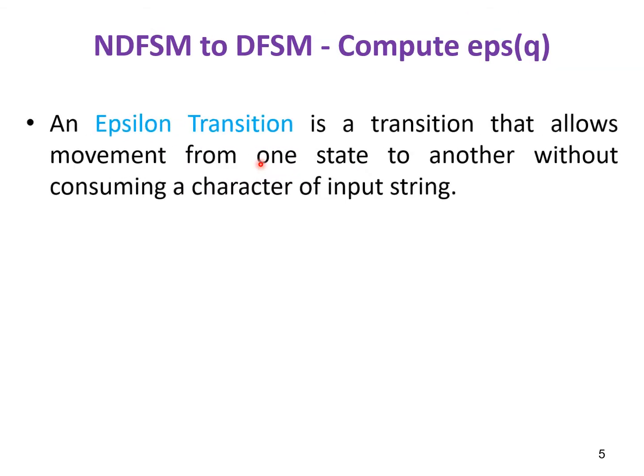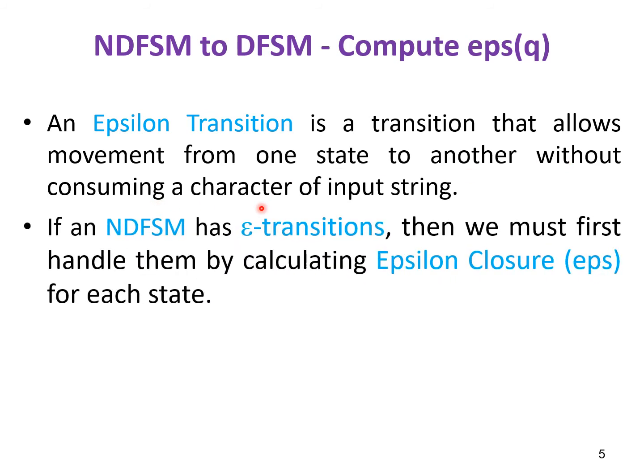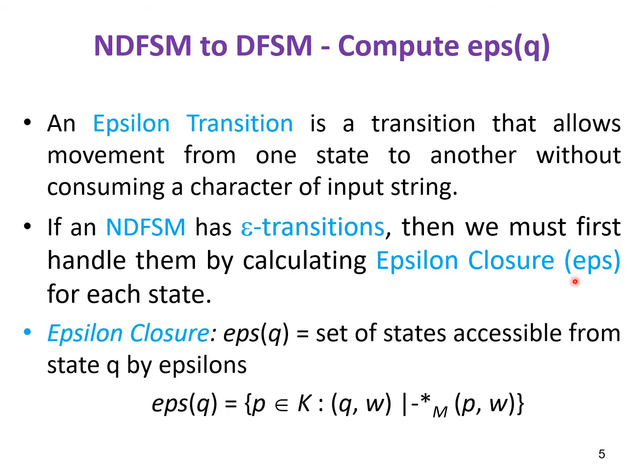As we know, an epsilon transition is a transition that allows movement from one state to another without consuming a character of the input string. If an NDFSM has epsilon transitions, then we must first handle them by calculating the epsilon closure, that is EPS for each state.